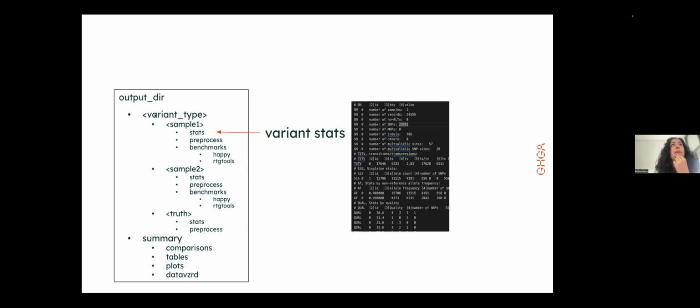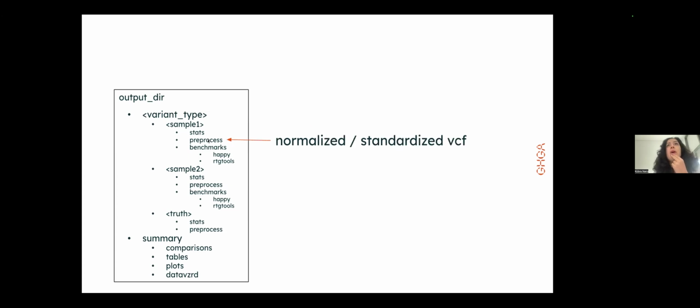The results come along with variant type, let's say small, and you have the benchmarking, pre-processing, and statistics results per sample. So you have the initial variant statistics, if it is BCF tools or Survivor. You have pre-processed VCFs here.